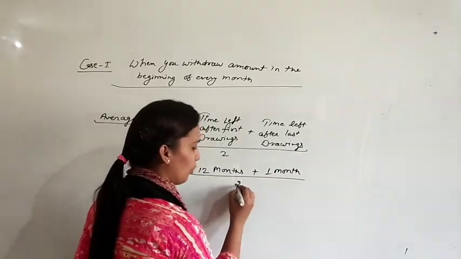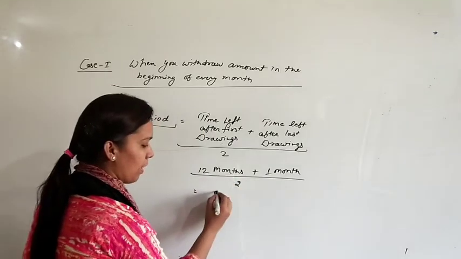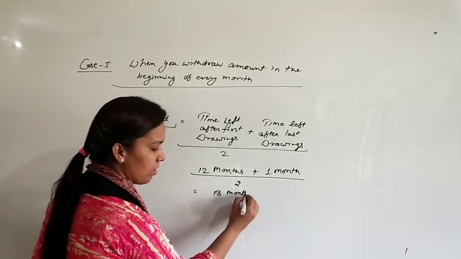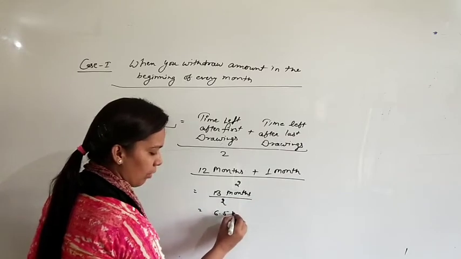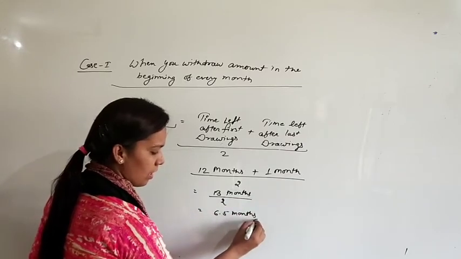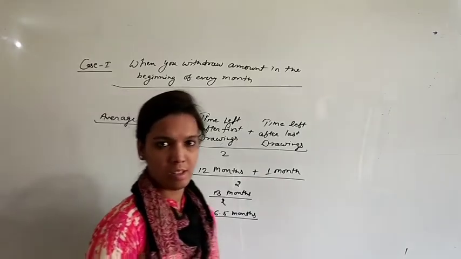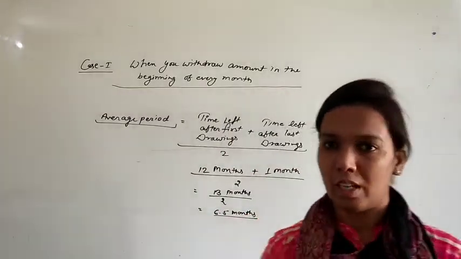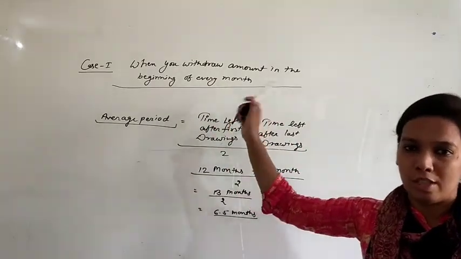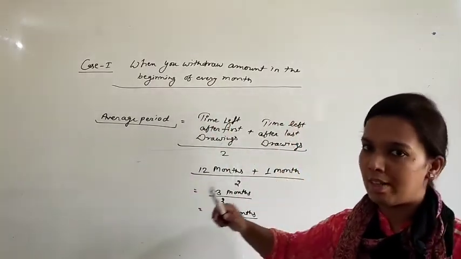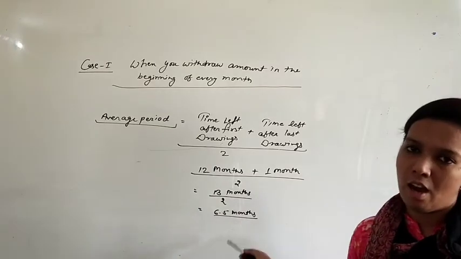Divided by 2, so calculate this: 12 plus 1 is 13 months, divided by 2, so drawings will be calculated for 6.5 months. This is the first case: if you are withdrawing money from the business in the beginning of every month, then in this condition we will calculate interest on drawings for 6.5 months.